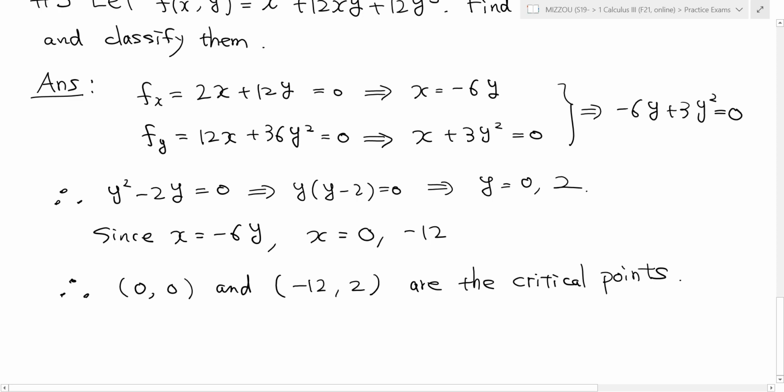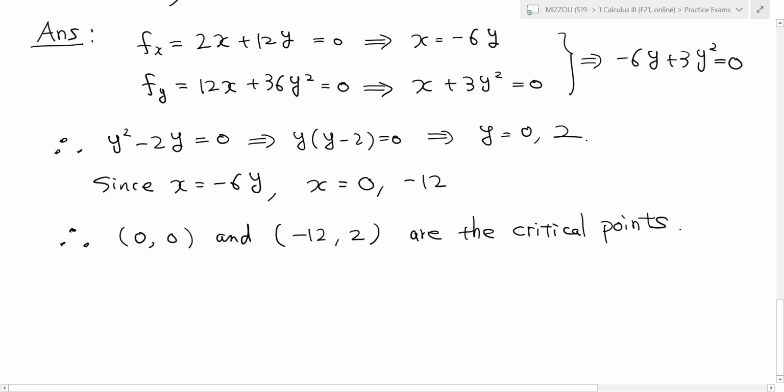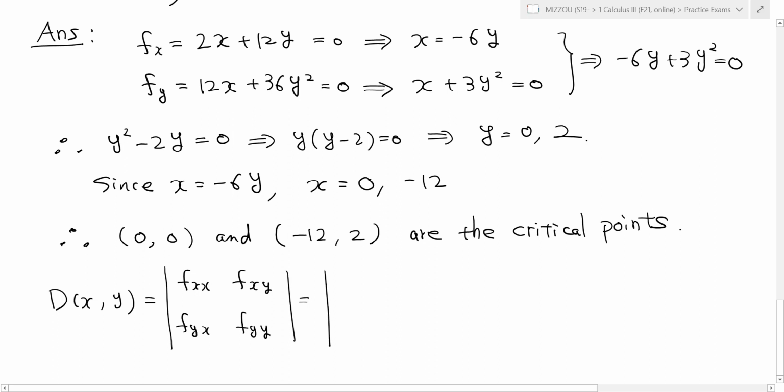You have to determine them. How? By looking at second partial derivatives, namely by computing D of x, y first. This is the determinant of the matrix with f xx, f xy, f yx, and f yy. First you compute f sub xx, so you differentiate with x again, you get 2.